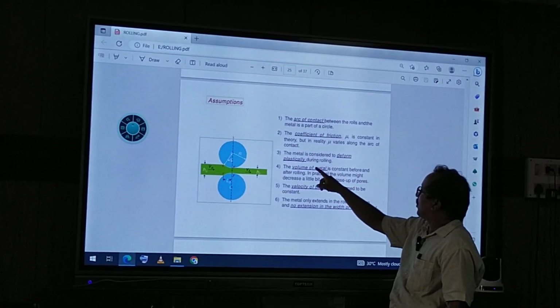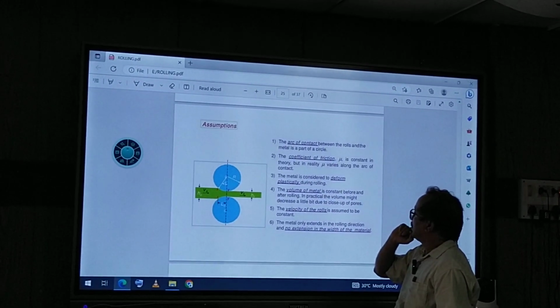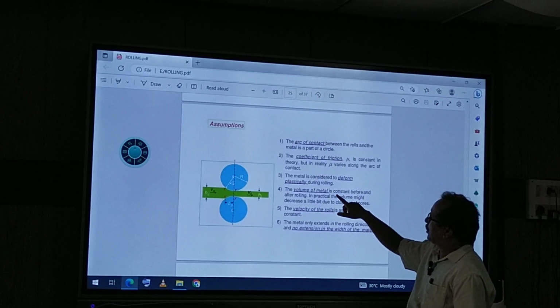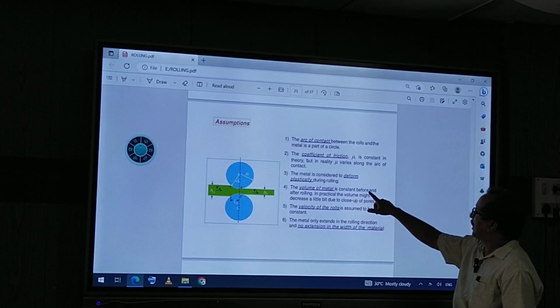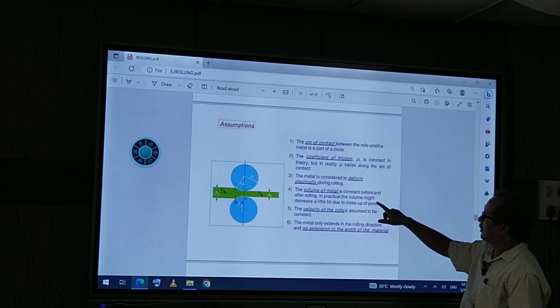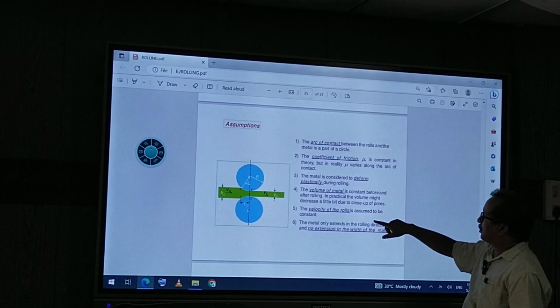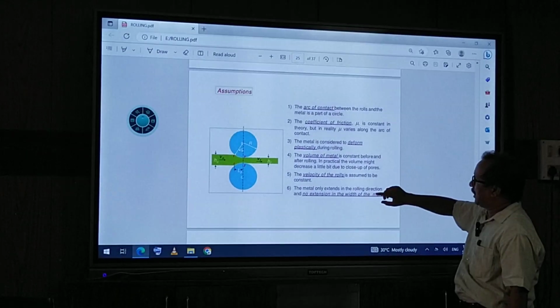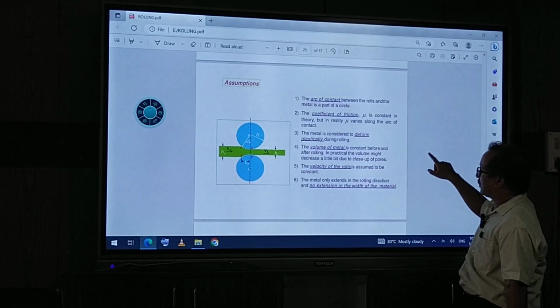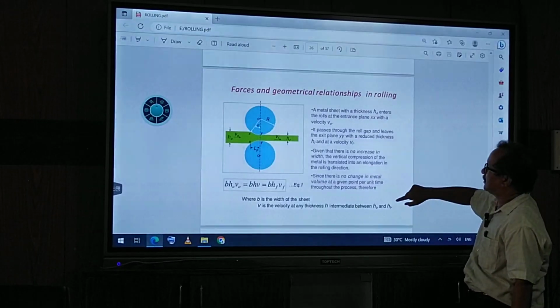Metal is considered to deform plastically during rolling. This is one important aspect to be remembered: the volume of metal is constant before and after rolling. The velocity of the roll is assumed to be constant, and the metal only extends in the rolling direction, with no extension in width of the metal.